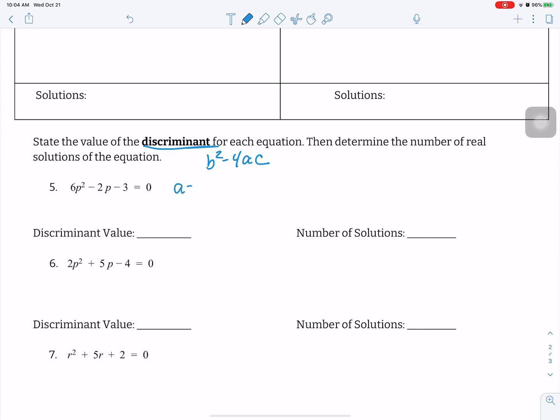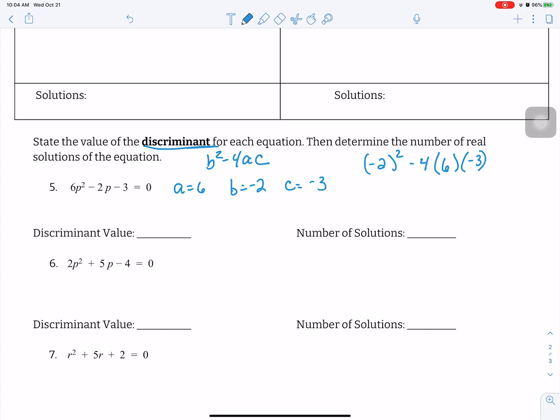So a is equal to 6, b equals negative 2, c equals negative 3. So I'm going to take negative 2 squared, remember, to put that in parentheses if you're putting it into a calculator, because otherwise it does order of operations, squares the 2 and multiplies it by a negative 1, which is not what we want. Or just know that it's going to be a positive number and ignore the negative altogether. And 6 times negative 3.